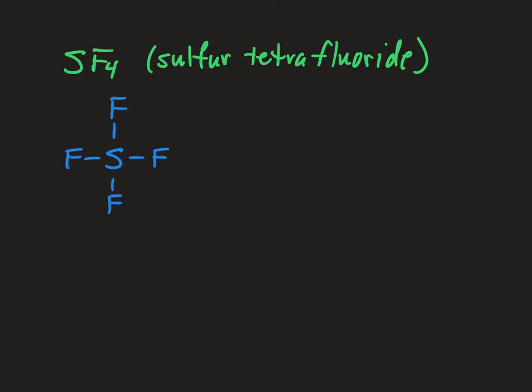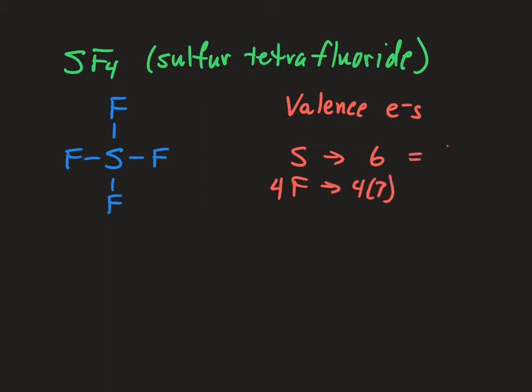If we add up our valence electrons, sulfur contributes 6, and we have 4 fluorines, which is 4 times the 7 that each fluorine contributes. That's 6 plus 28, which gives us 34 total valence electrons to distribute.